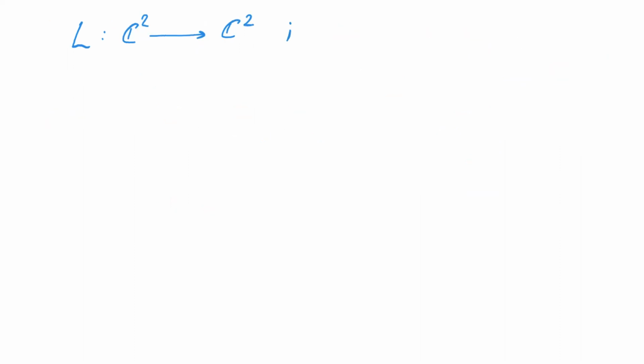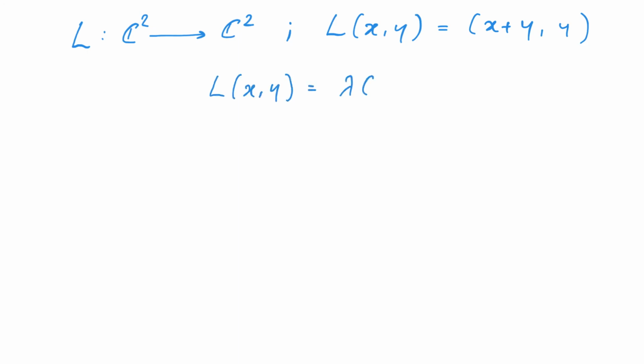Consider the linear operator on C2 defined as L of (x, y) is equal to (x plus y, y). Let us try to find the eigenvalues and eigenvectors of this linear map. Notice that if we want L of (x, y) to be equal to lambda times (x, y), then we need to satisfy the following two equations.